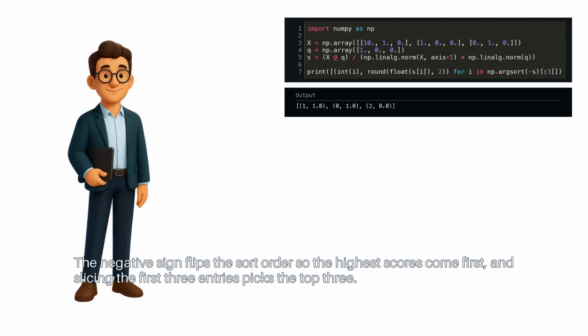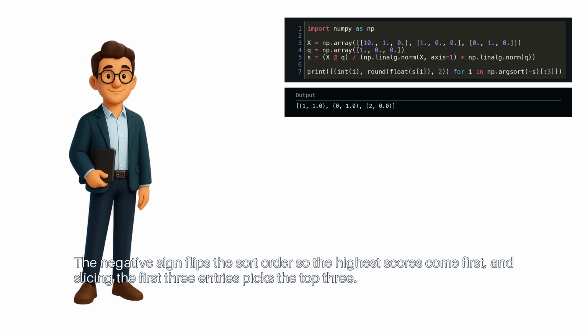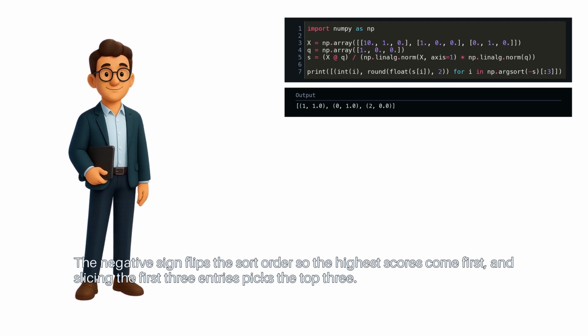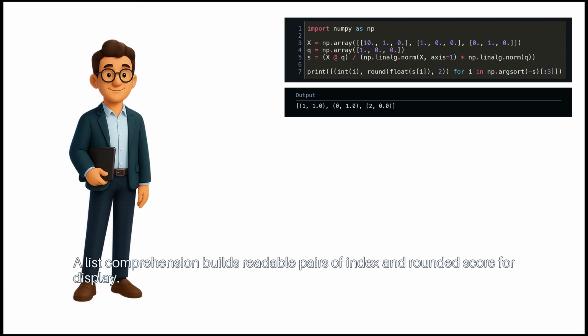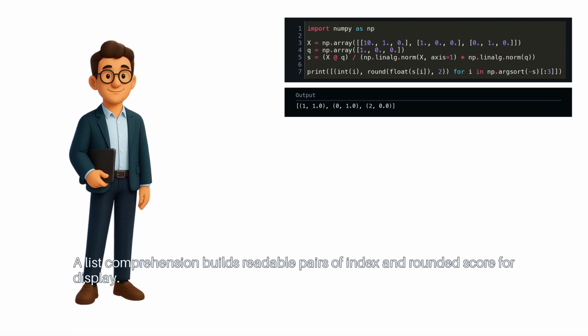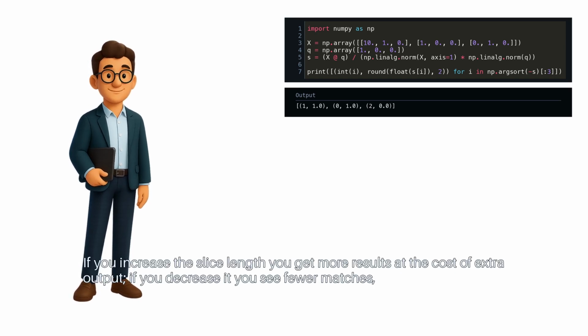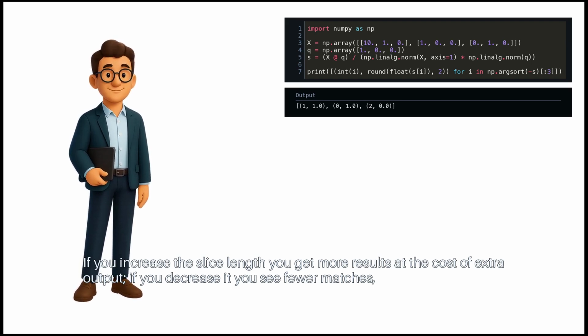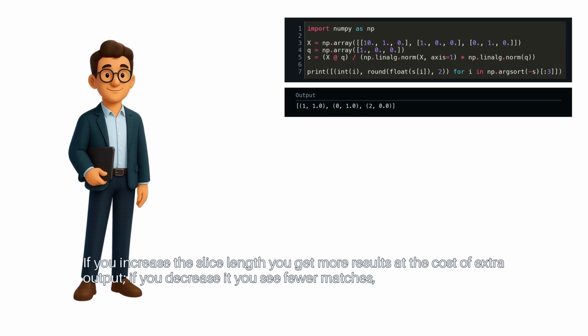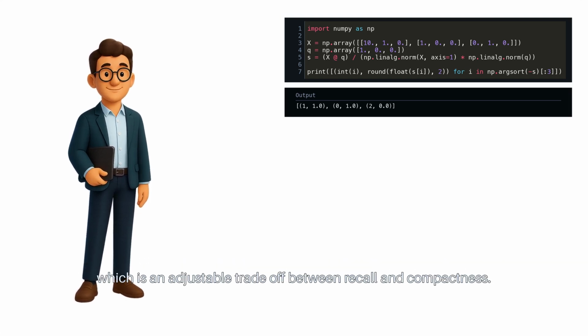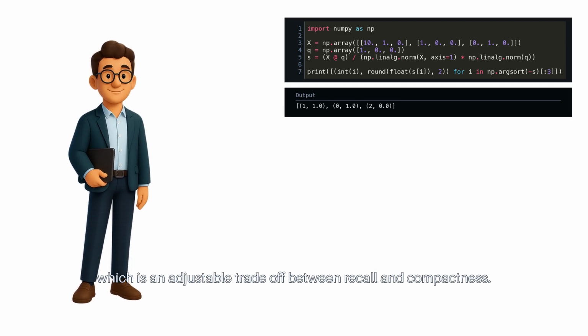The negative sign flips the sort order so the highest scores come first, and slicing the first 3 entries picks the top 3. A list comprehension builds readable pairs of index and rounded score for display. If you increase the slice length, you get more results at the cost of extra output. If you decrease it, you see fewer matches, which is an adjustable trade-off between recall and compactness.